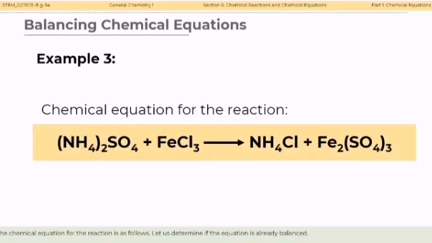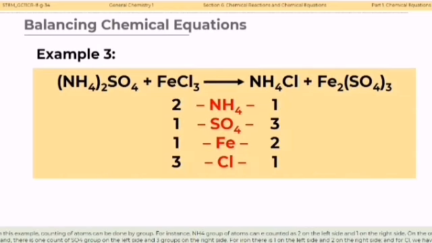And now, let us check or determine if the equation is already balanced. In this example, counting of atoms can be done by group. For instance, the NH4 group of atoms can be counted as 2 on the left side and 1 on the right side.